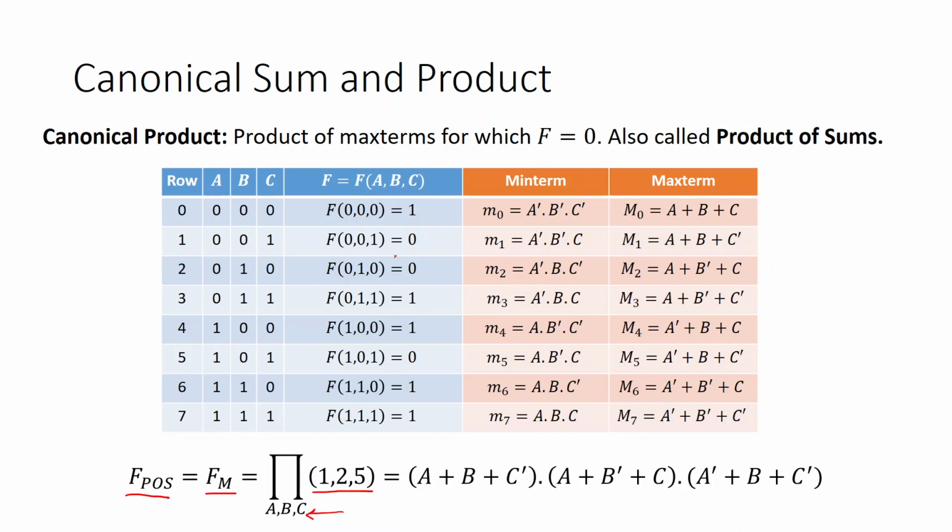Now simply looking at these numbers, you can write down the expressions. So you see, this is capital M1, this is M2, and this is M5.